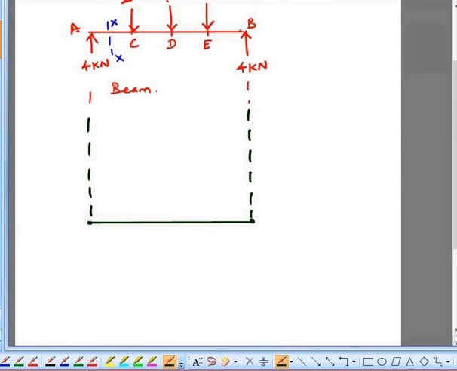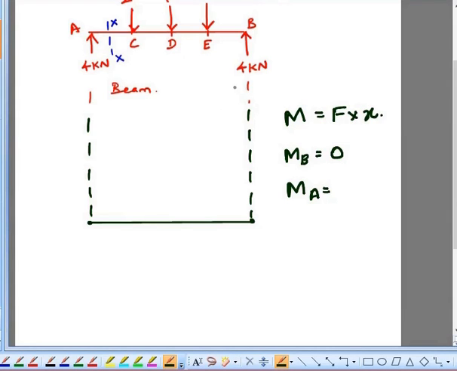The bending moment at the point B is 0. We know that the bending moment formula is force into perpendicular distance. So the bending moment at point B is equal to 0. Similarly, the bending moment at the point A is equal to 0.